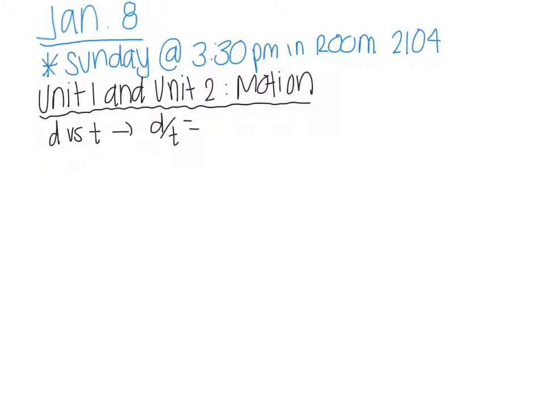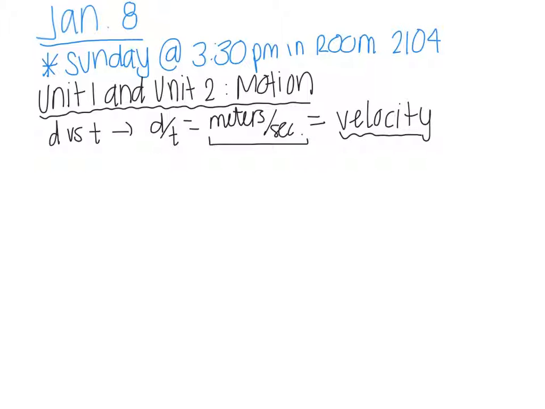If you look at the units, distance is in meters, and then we have time, which is in seconds. Okay? Our slope is meters per second. What variable do we know has the units of meters per second? Velocity. So the slope of a D versus T graph is just velocity.